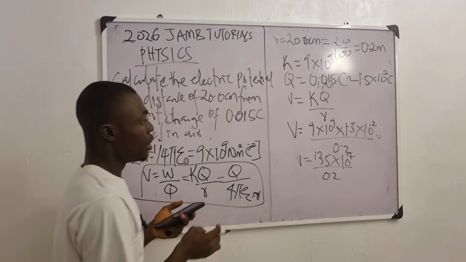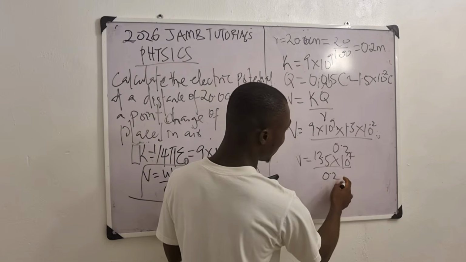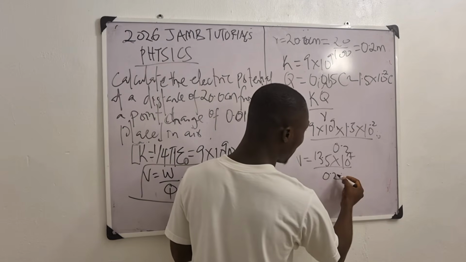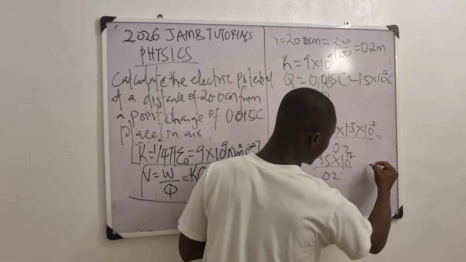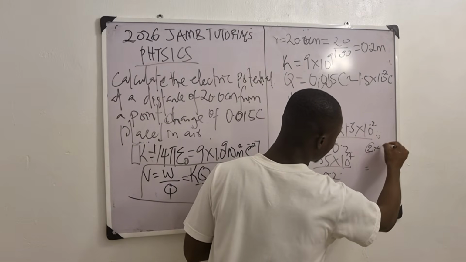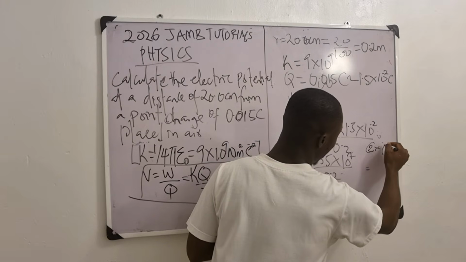We can reduce 0.2 to 2 times 10 raised to the power minus 1.